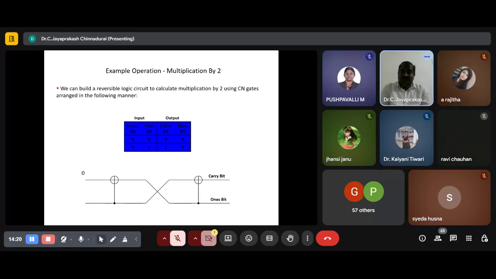So 0, 0: there is no carry, then the output is also 0, 0. And 0, 1: if you have the ones bit as 1, there is a carry of 1 and the ones bit is 0. So this is a simple way we can represent how the input values give the output values.